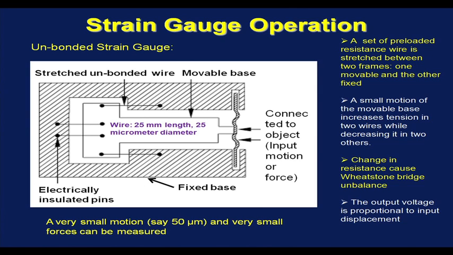That will cause a change in resistance of the wires, and change in resistance will cause Wheatstone bridge unbalance. The output voltage is proportional to input displacement. A very small motion up to 50 micrometer and very small force can be measured.